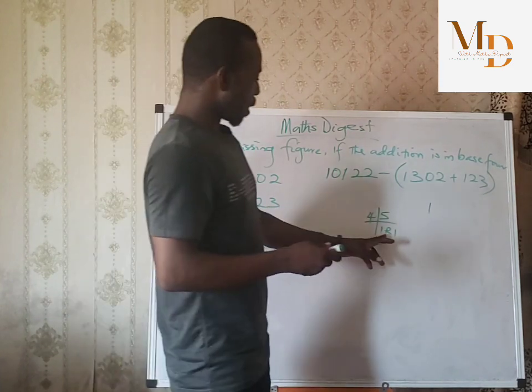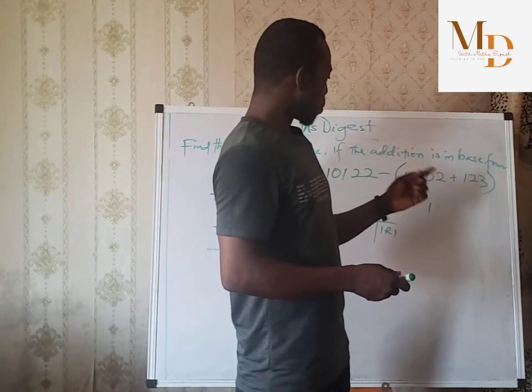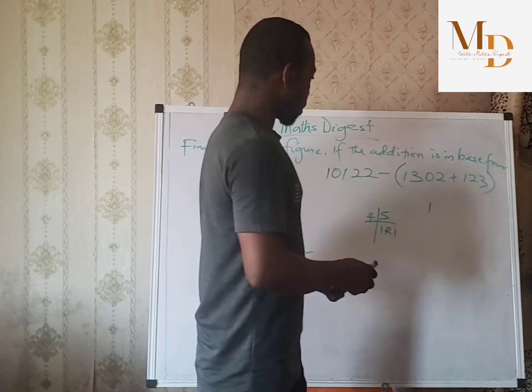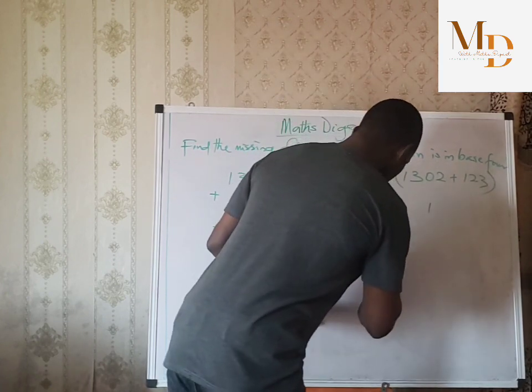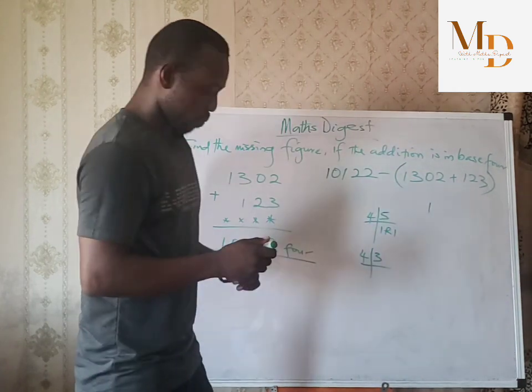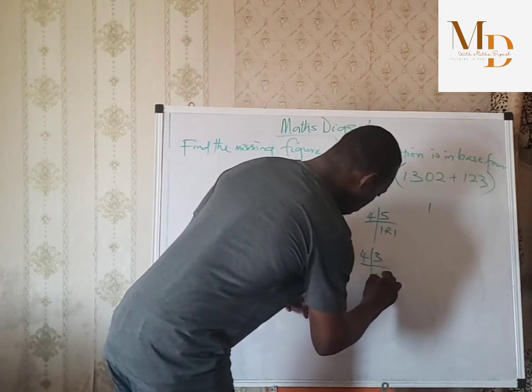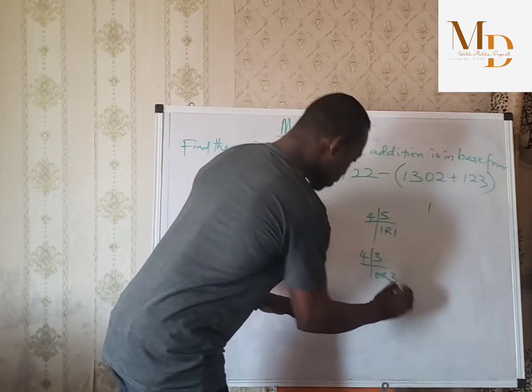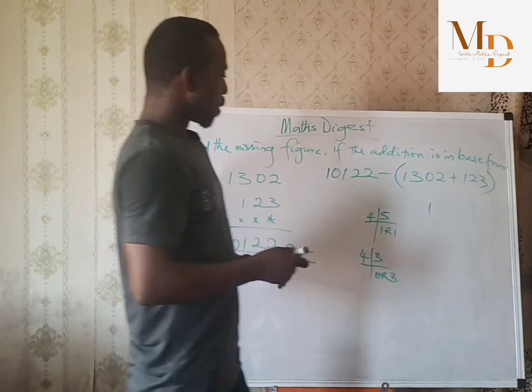Now we carry this 1 and add it to this 0, it becomes 1. 1 plus 2 will give you 3. Now we have 3. 3 divided by 4 will give you 0 remainder 3.